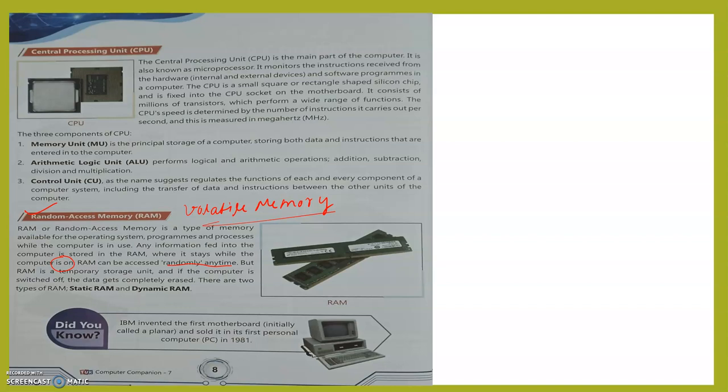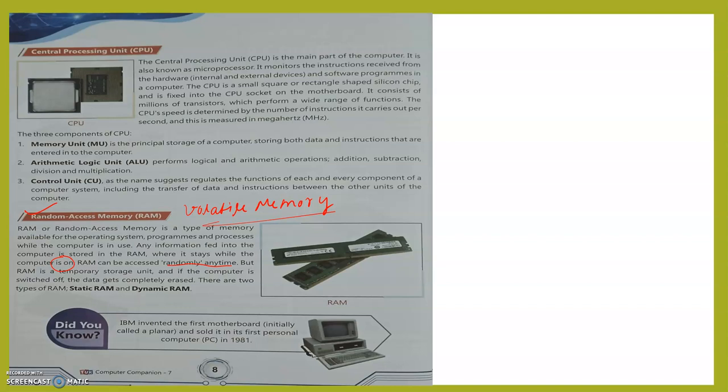But when you save it by pressing Control plus S, or Save As the very first time, that data moves from your RAM to the secondary storage device. After saving the document, your data doesn't get deleted. But if you don't save your data, it means your data is in RAM right now, and the data gets deleted when the power is switched off or your computer is switched off.